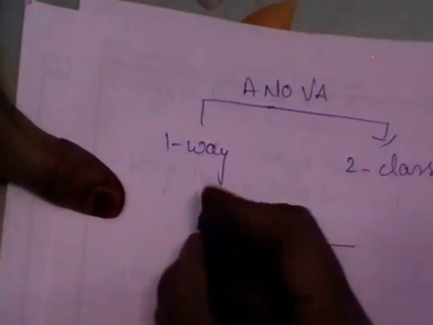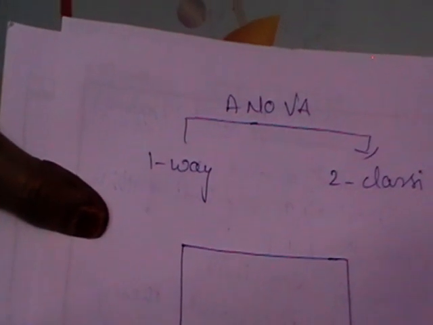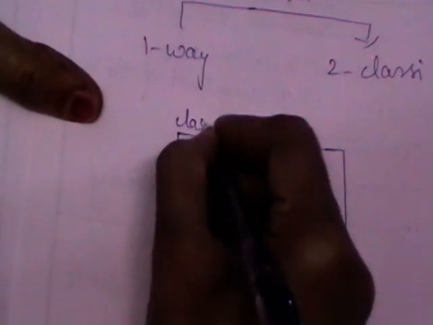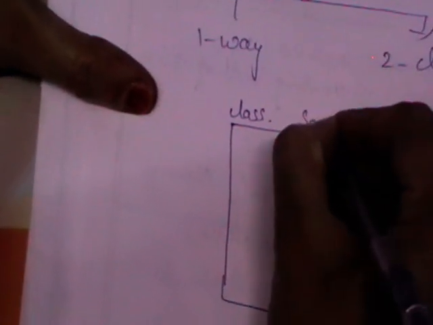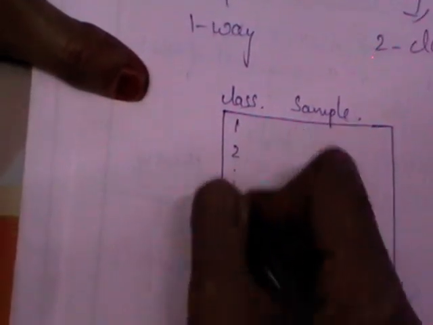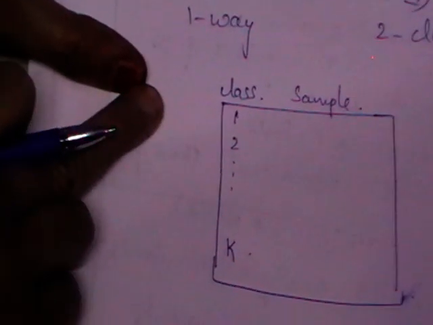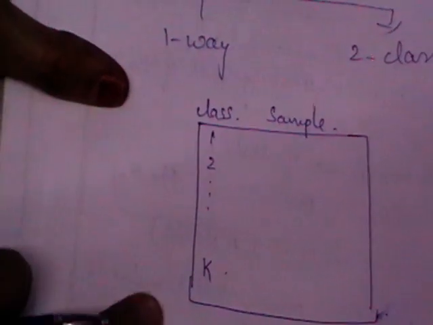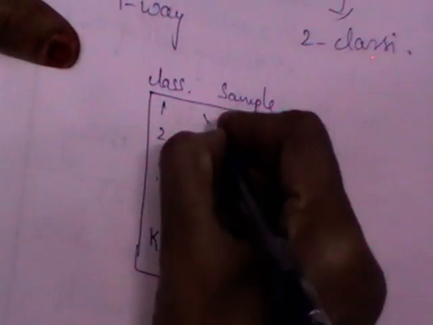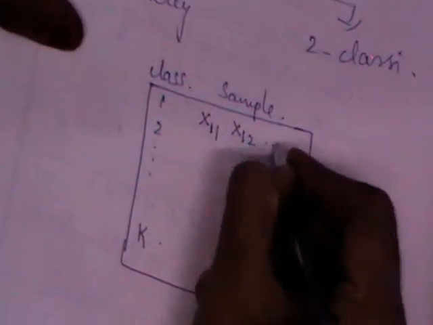The mathematical representation of such one-way classified data consists of only rows, where we write the class and sample observations. Let us say that we have k classes under comparison. If you compare with the previous example, we have an agricultural field and k different fertilizers to apply, and we write each observation in this way: x11, x12, and so on, x1n1, x21.